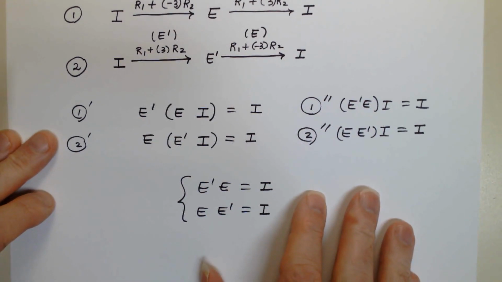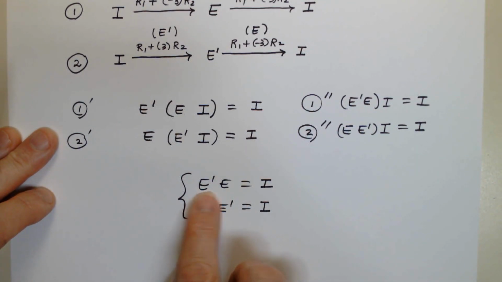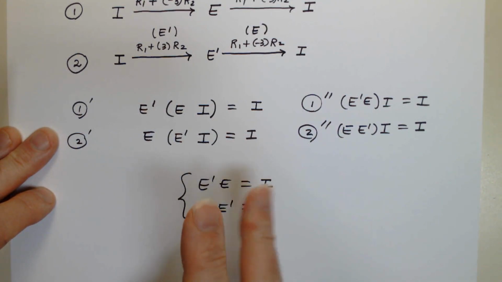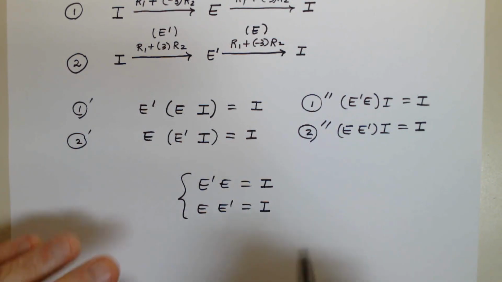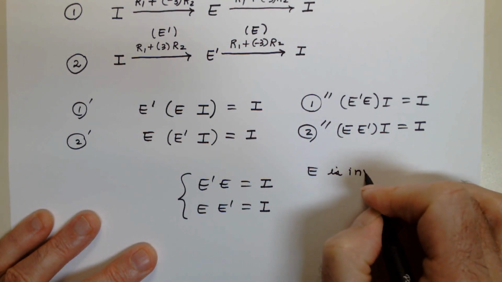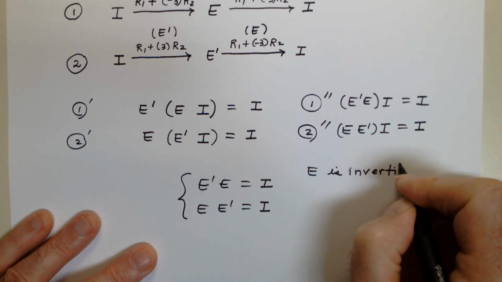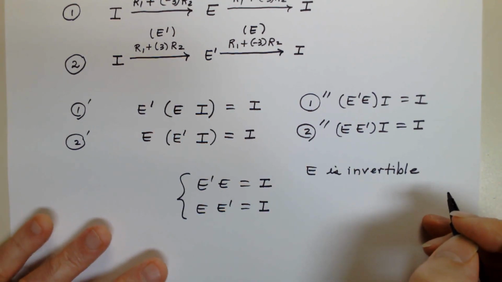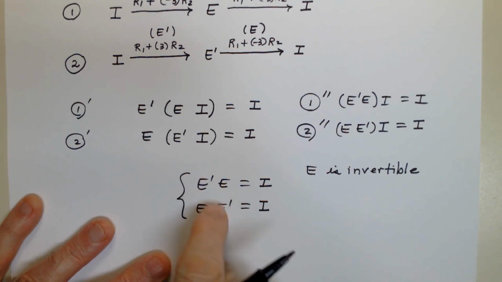And what property does it have? When I multiply E by E prime on the left, I get the identity. And when I multiply E by E prime on the right, I get the identity. And that says two things. First, E is invertible. Right? That's the test of invertibility. Can I find a matrix that operates in this fashion?